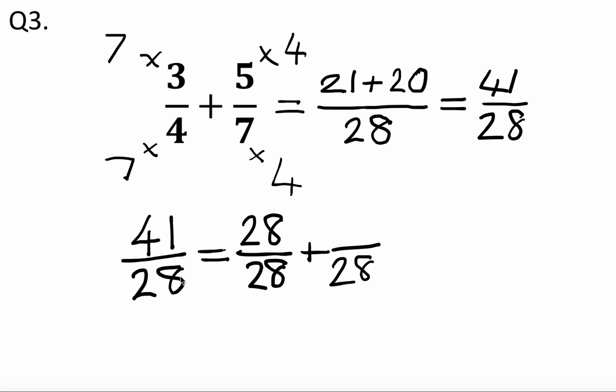We have got 13 bits left over 28. And 28 over 28 is 1. And 13 over 28. So the answer is you've got 1 and 13 over 28.